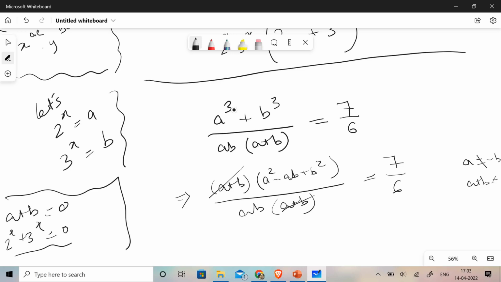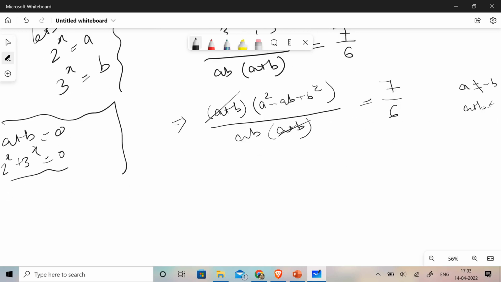But then you would see that it may not have any solution for x, right? So we can think, okay, a plus b is not equal to 0, and then we can cancel them out. Now this problem becomes a square minus ab plus b square divided by ab equals 7 by 6.